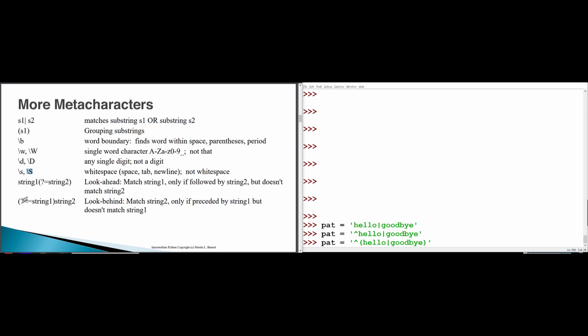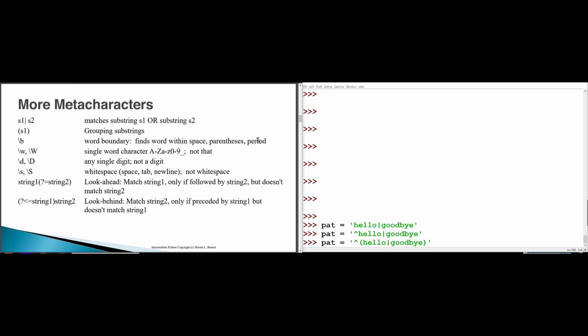We also have this special notation in Python that allows us to match if string 1 exists and it's followed by string 2, or to match if string 2 exists and it's preceded by string 1. Those are some pretty specialized matches. So that's one batch of extended characters.